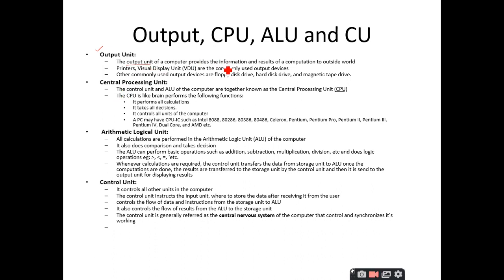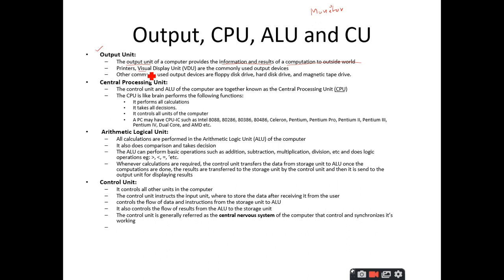The output unit of a computer provides the information and results of a computation to the outside world. Examples of output units: the most commonly used output device is the monitor. We will see the result on the monitors.